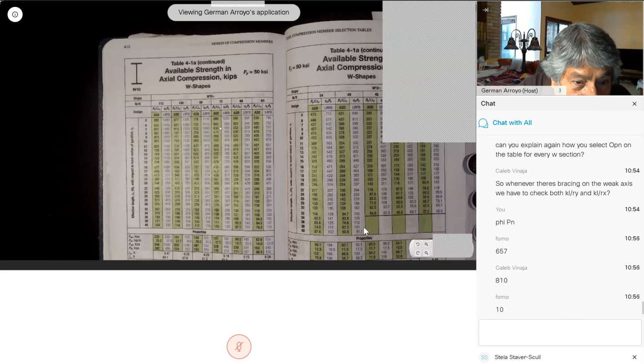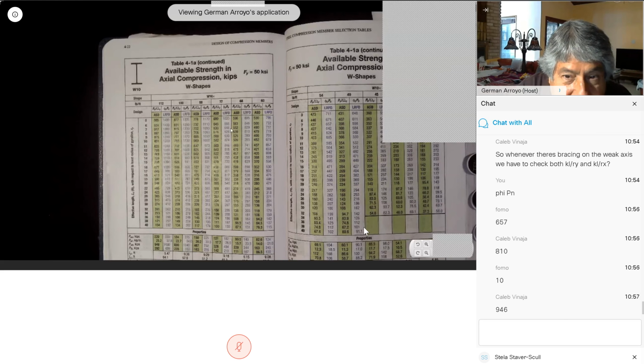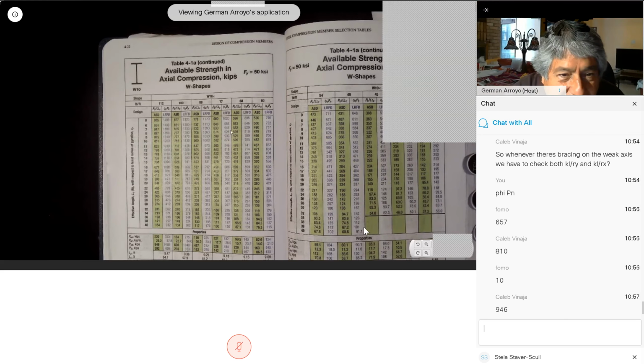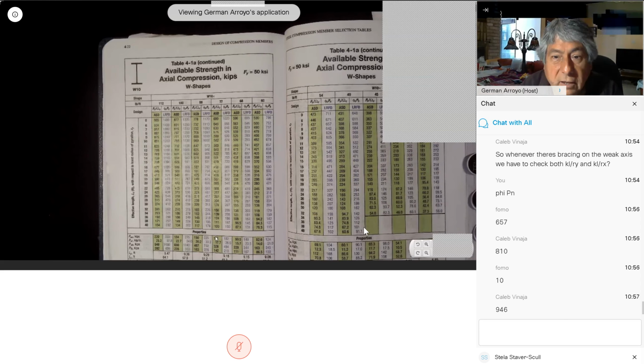So this is 800 or 900, and okay, no, 925. So it's larger than what I need. This is the first section, W10 by 77. Okay. So this is the way we got the value. Any other question?